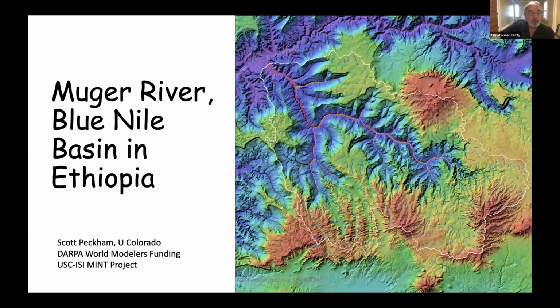An example we're doing on another project as part of the DARPA World Modelers project is looking at really lightly gauged or ungauged basins in Ethiopia. This is a sub-basin of the Blue Nile in central Ethiopia. And the idea, of course, is we're going to have a lot less data.